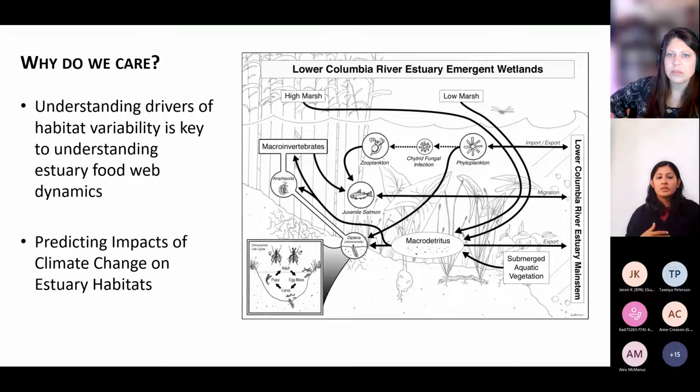So studying all of this, the nutrient composition as well as the amount of biomass provided by the native plants in low marsh and high marsh, is critical to understanding the larger food web of the salmon habitat in the Lower Columbia Estuary. Also, learning about all of these mechanisms would help us understand how these may change in the face of climate change.